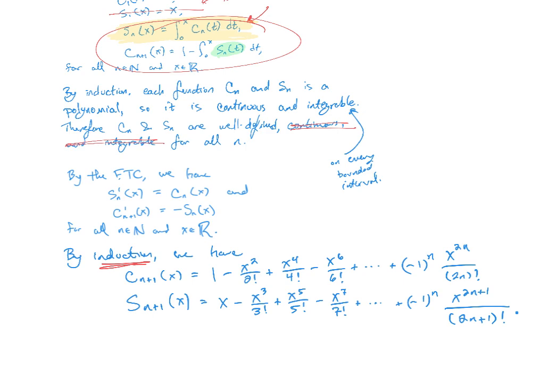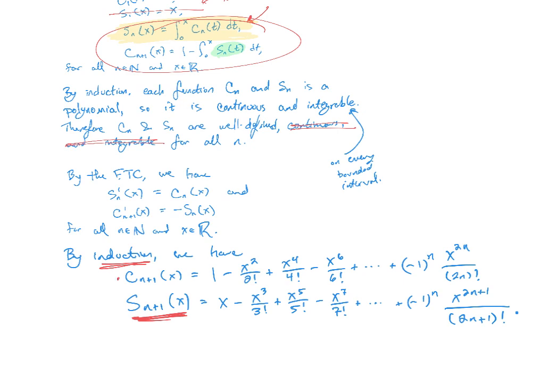So what should we see? We should see that Sn plus 1 is the integral of Cn plus 1. And you can just check term by term. That checks out. And we're not appealing to any kind of term by term integration theorem here because it's a finite polynomial. It's just a polynomial, so we integrate it term by term. Okay, and then we'd want to check Cn plus 1.